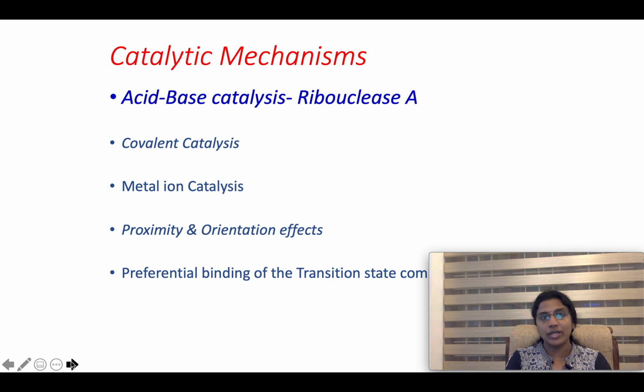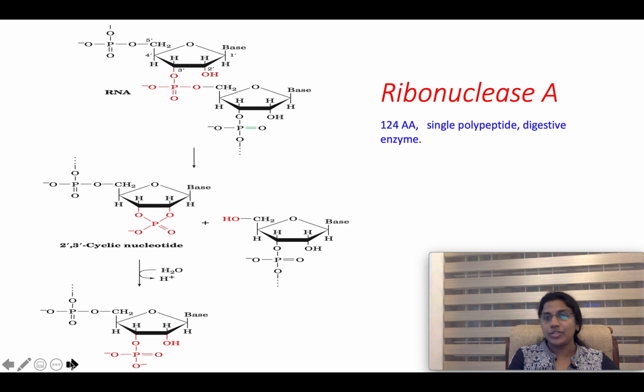In our previous class we discussed the different catalytic mechanisms employed by enzymes, and ribonuclease A is a typical example for an enzyme which follows general acid-base catalysis. Bovine pancreatic ribonuclease A is a small protein.